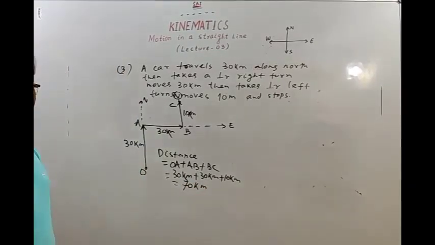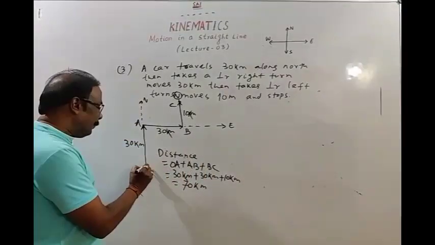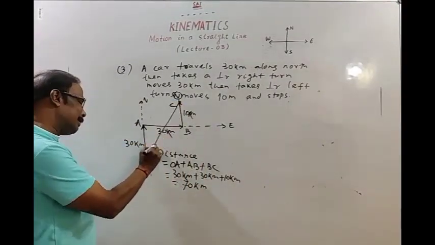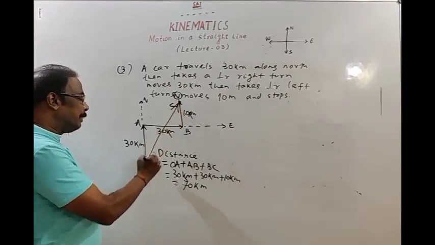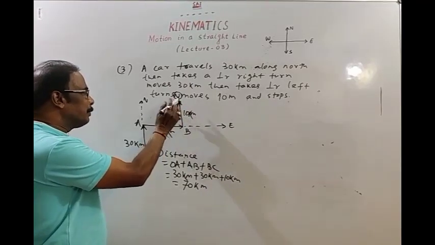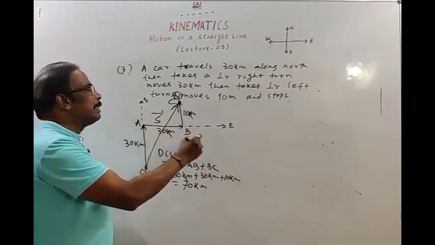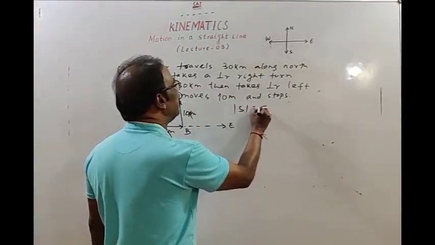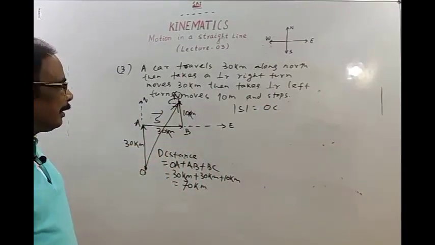This is distance, the actual path traveled by the car. Then displacement. O is the initial position, C is the final position. So this is displacement, directed from initial to final position. We have to find the resulting displacement S. The magnitude of S is the length of straight line OC. Then we will calculate direction.